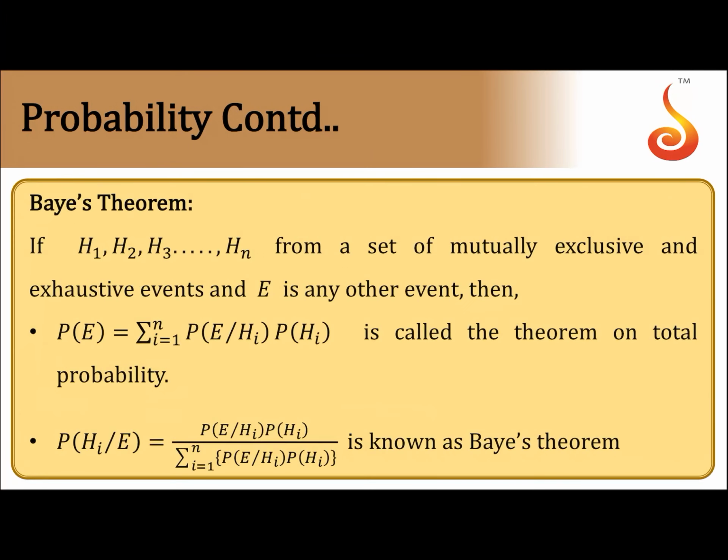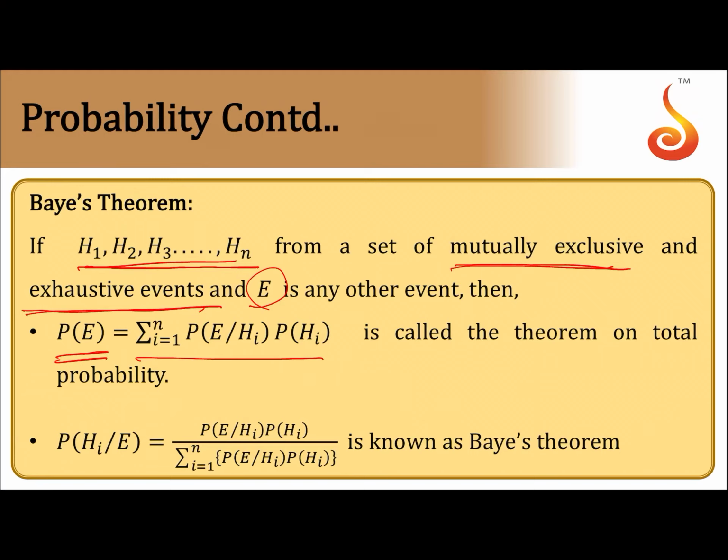Coming here, the Bayes theorem. Suppose H1, H2, H3 and so on up to Hn are mutually exclusive and exhaustive events of a sample space of an experiment, and E is any other event occurring in S. Then the probability of E is given by the sum of the probability of E given Hi multiplied by the probability of Hi, and this is called the theorem on total probability.